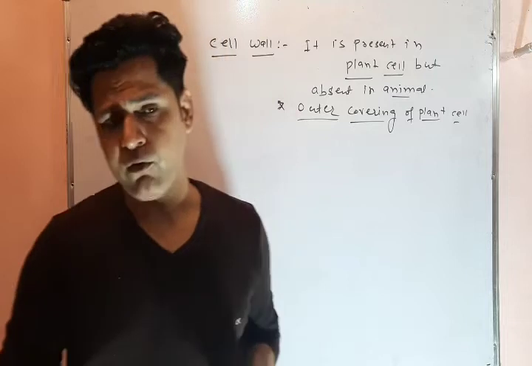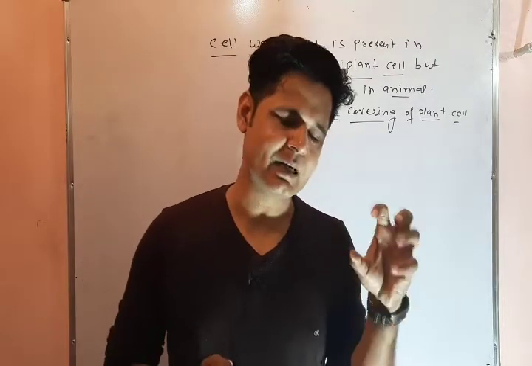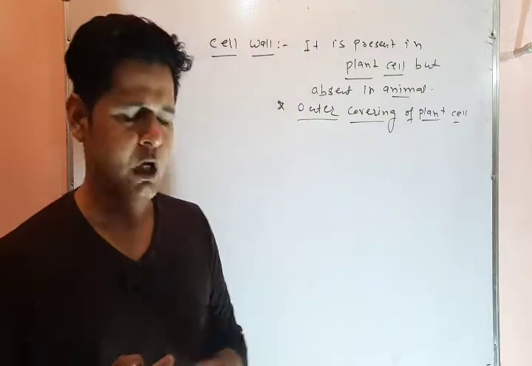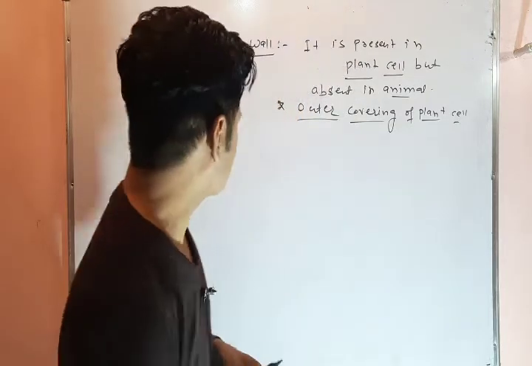The cell wall of a plant cell is composed mainly of cellulose, hemicellulose and pectin, and other substances like cutin, lignin and suberin are also present in the composition of the cell wall.